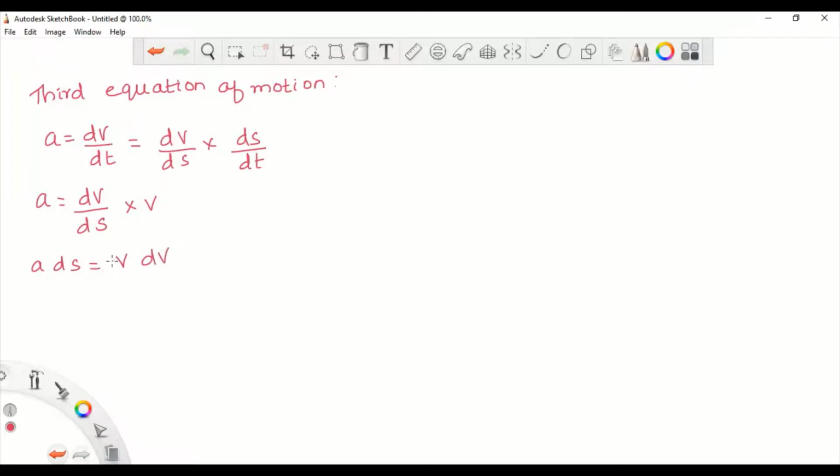So again we are going to take when time is equal to 0, velocity is equal to u and distance traveled is equal to 0.